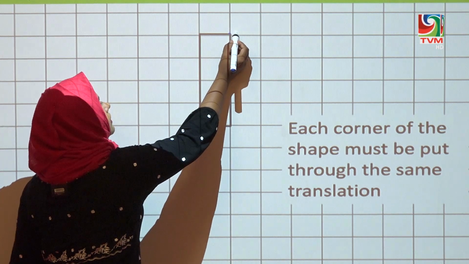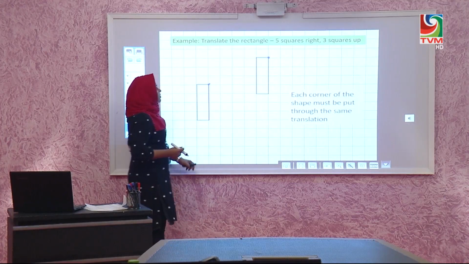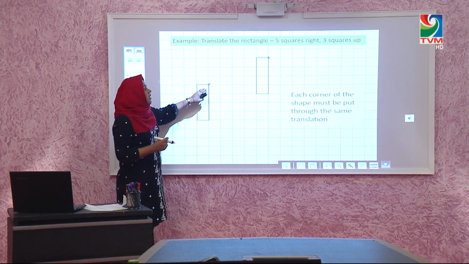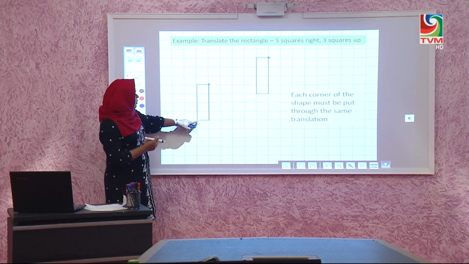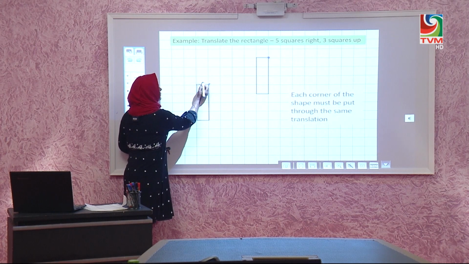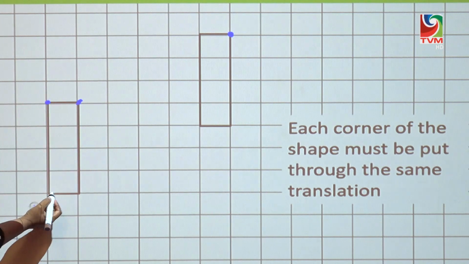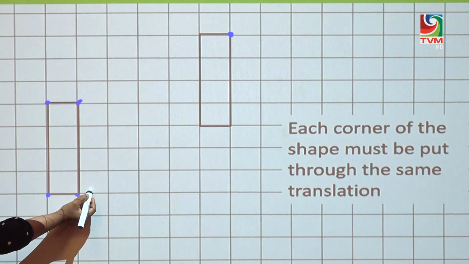So this is the point after translating it 5 squares right and 3 squares up. Now the same way you can follow the remaining corners of the shape. Move the point 5 squares right, 3 squares up, and the point here and the point here as well.